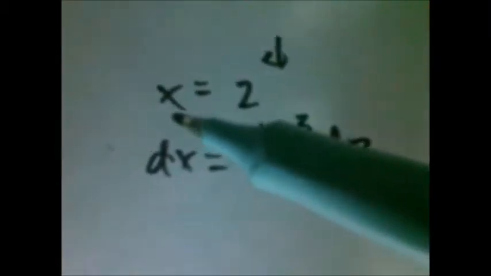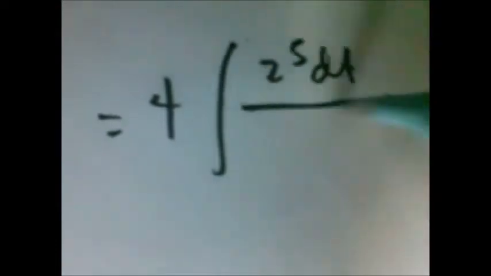After knowing the common value of our x, we can now say that this problem is equal to 4 times the antiderivative of z raised to 5 dz over.